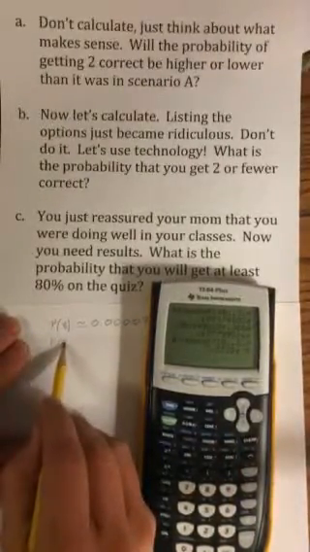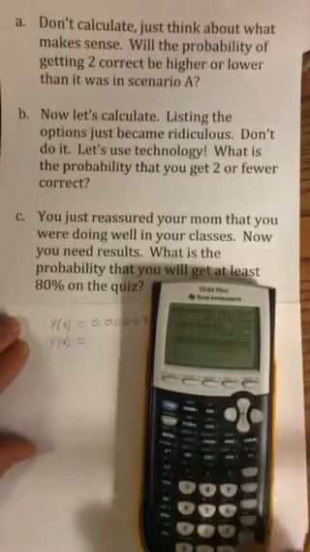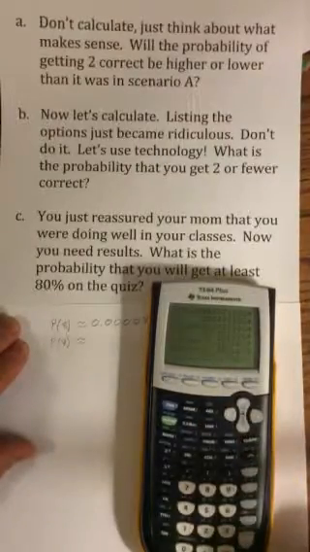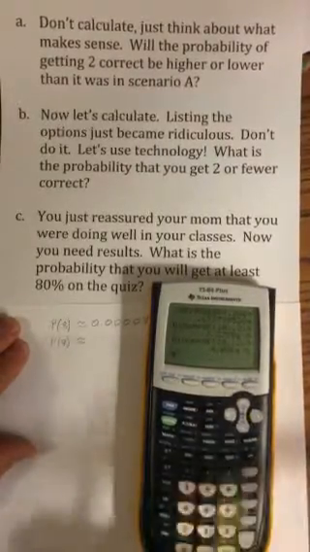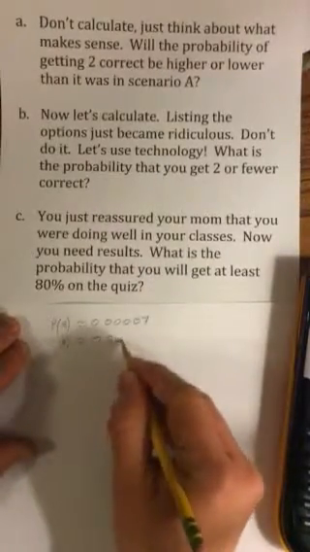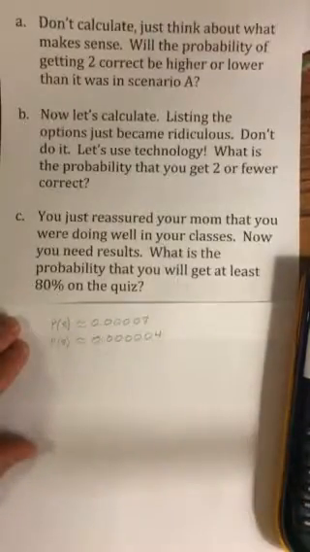Because if I get 9 of them correct, my mom would be even happier with me. We're getting even smaller. Now there's 5 zeros. 0.00004.